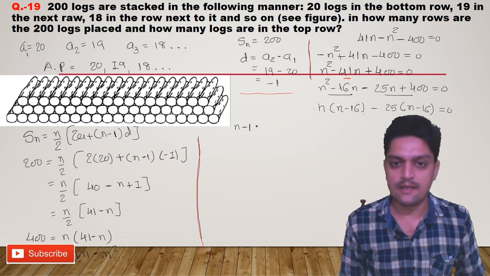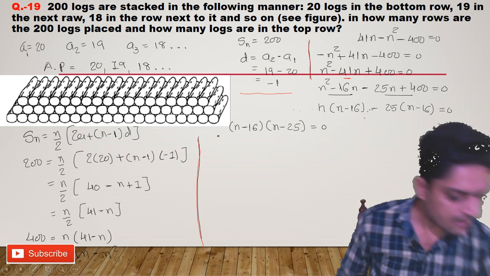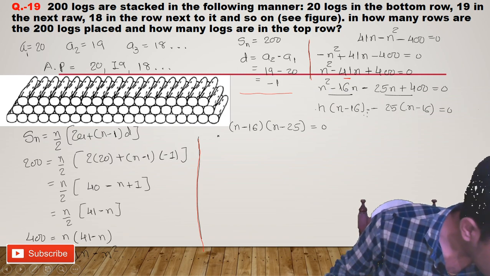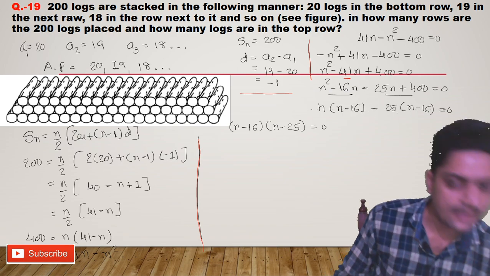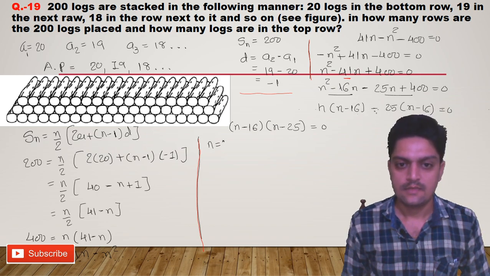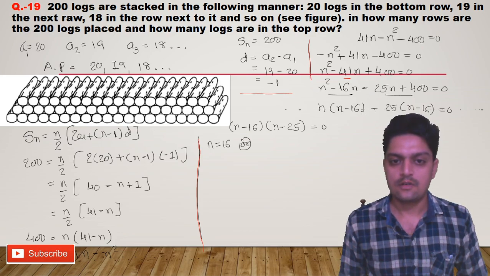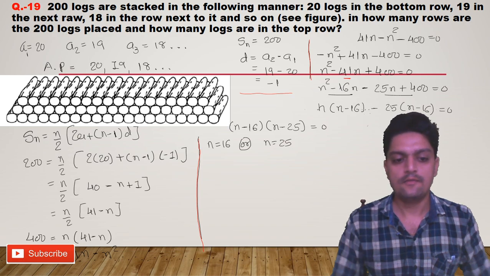So (n minus 16) into (n minus 25) is equal to 0. So n can be 16, or n can be 25.